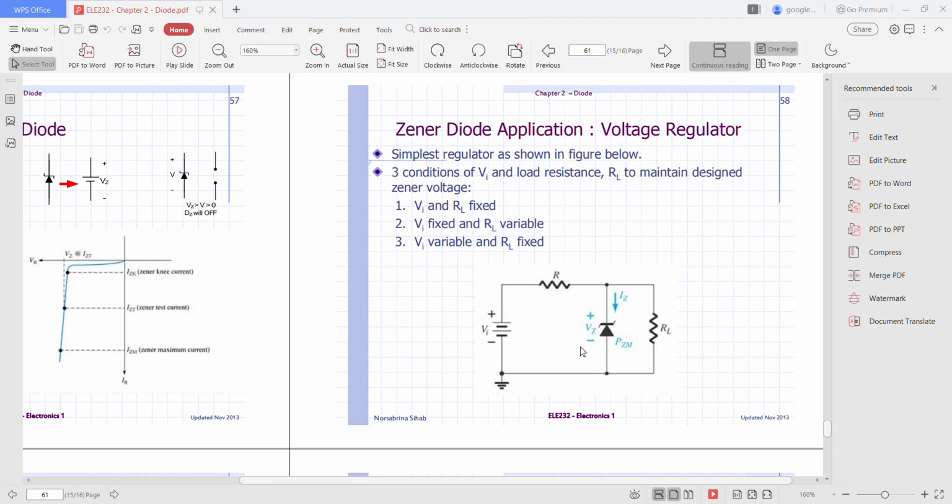So the analysis is first for fixed quantities, followed by a fixed supply voltage and a variable load, and finally a fixed load and a variable supply. Okay, so these are the conditions for Zener diode application.